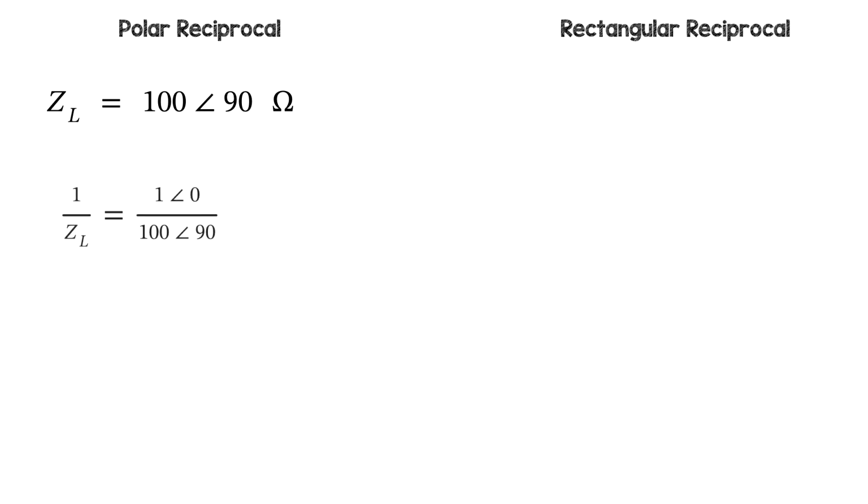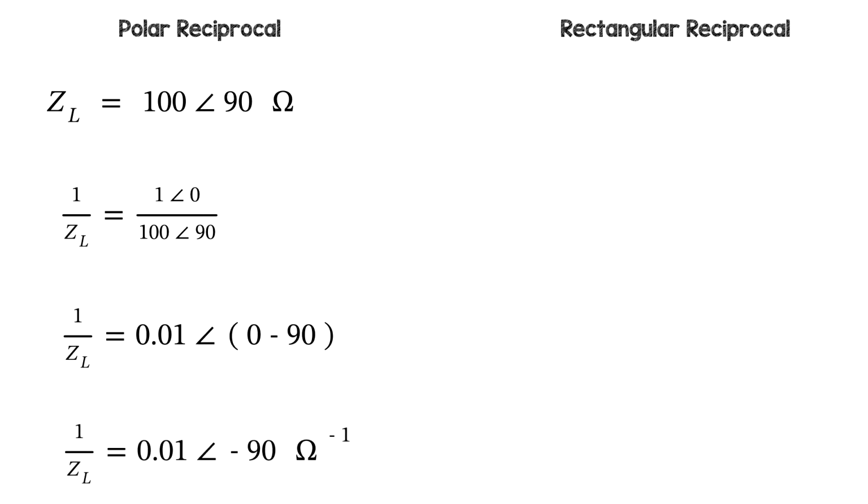To find the reciprocal of that, 1 over ZL is 1 over 100, and we do 0 degrees, take away 90, because the number 1 has no phase, it's just a real number. So that's 0.01 at an angle of 0 take away 90 degrees. So we divide the moduli, or the moduluses, and we subtract the arguments. So that is 0.01 at an angle of minus 90 degrees in Siemens.